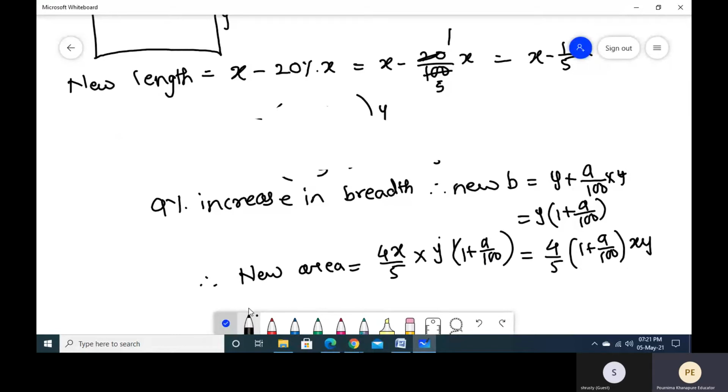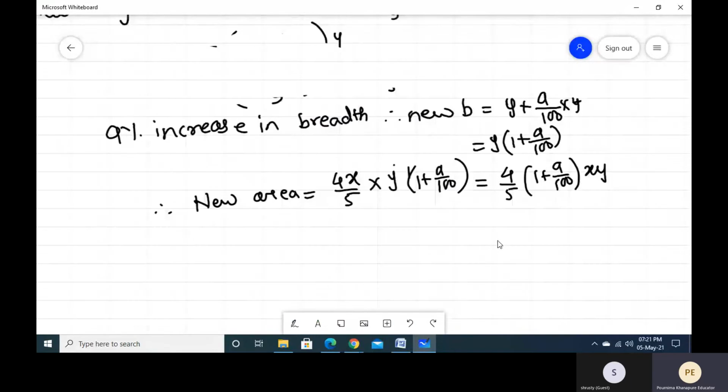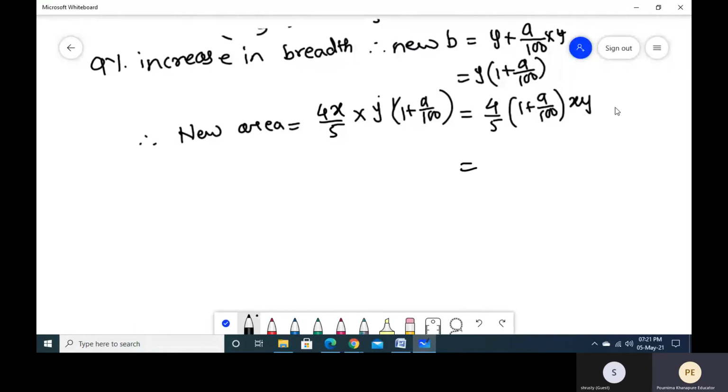Now, what is xy? xy is its original area. So the new area is 4 upon 5 into 1 plus a upon 100, into xy.